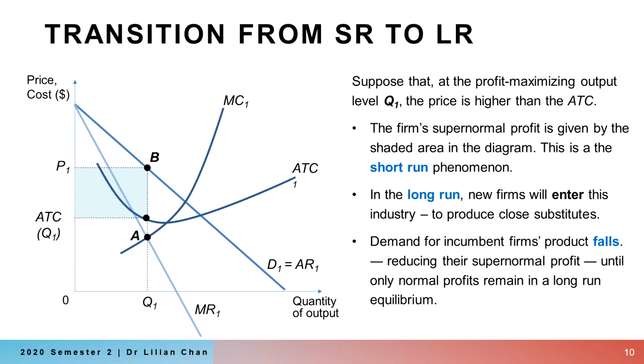Until the supernormal profit disappears and only normal profits remain in long-run equilibrium. So this is different from perfect competition. In perfect competition, there is a supply curve, but in monopolistic competition, there is no supply curve, right?